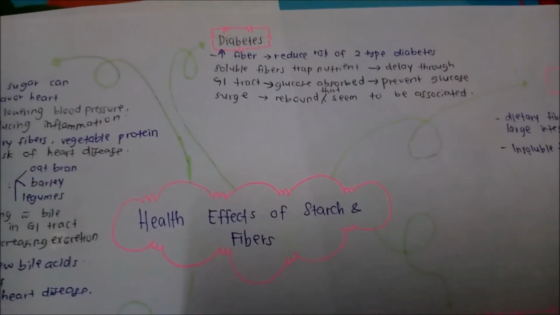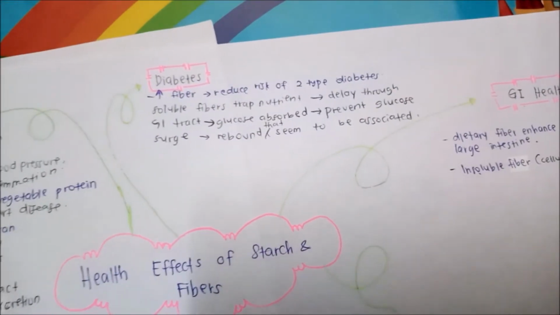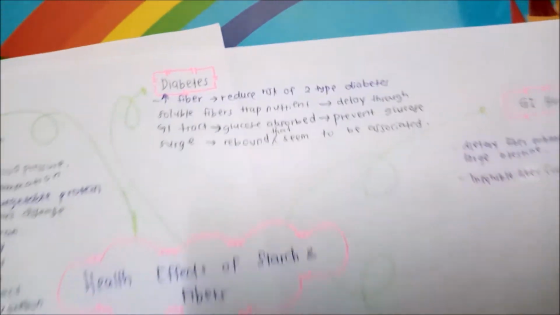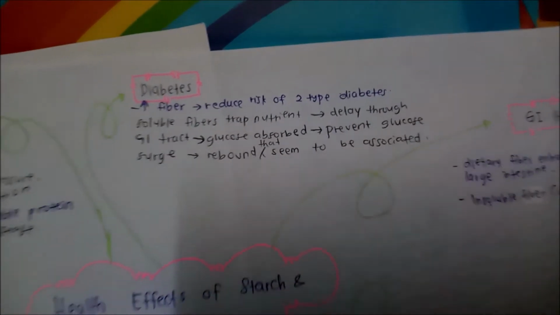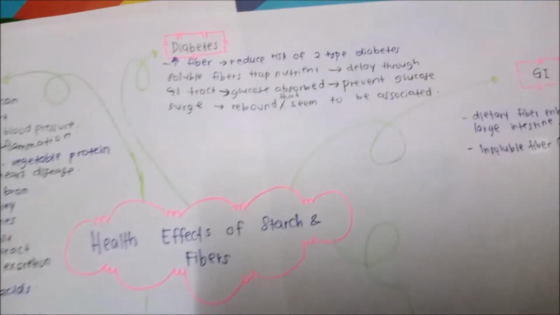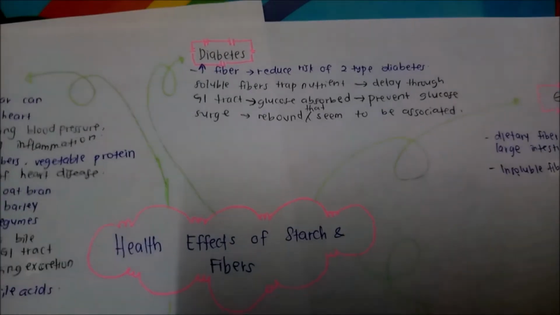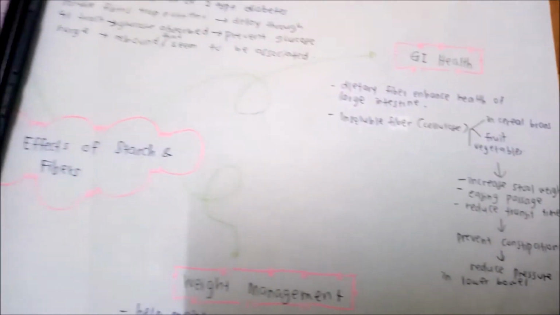Okay, kemudian kita pergi kepada diabetes. High fiber akan mengurangkan risiko dua jenis diabetes. When soluble fiber trap nutrient, it will delay the transit through GI tract. Kemudian dia glucose absorb and prevent glucose surge, and then rebound that seem to be associated. Kemudian kita pergi kepada GI health, iaitu gastrointestinal health.